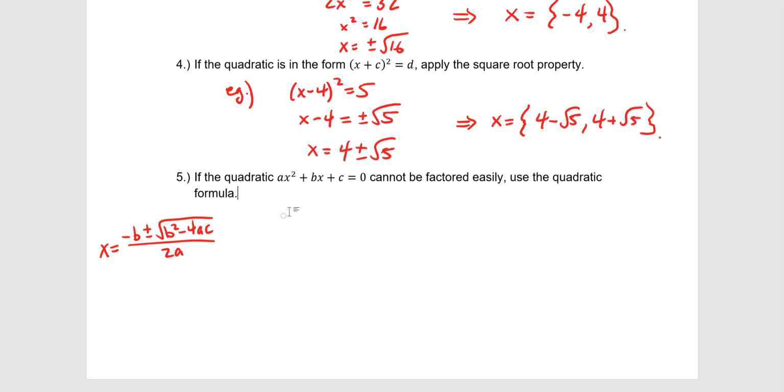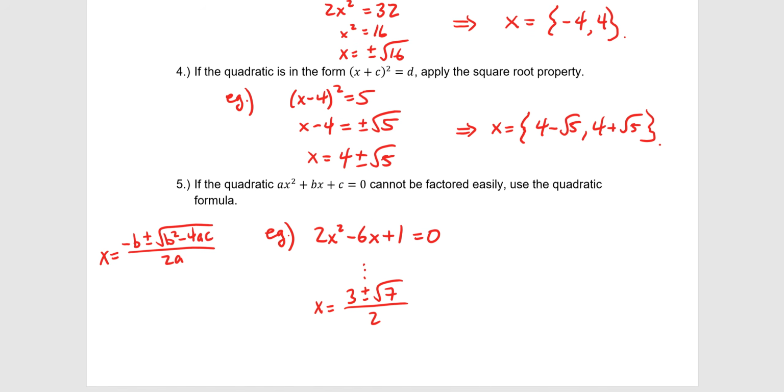For example, we have 2x squared minus 6x plus 1 equals 0, and we recognize that it cannot be factored easily. So we can go ahead and plug it into the quadratic formula like we've been doing, and we would get x equals 3 plus or minus radical 7 over 2.